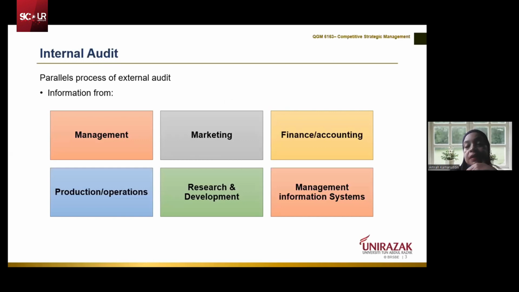what you have in every department of any company, small or big. They have management, marketing, finance, production, research.